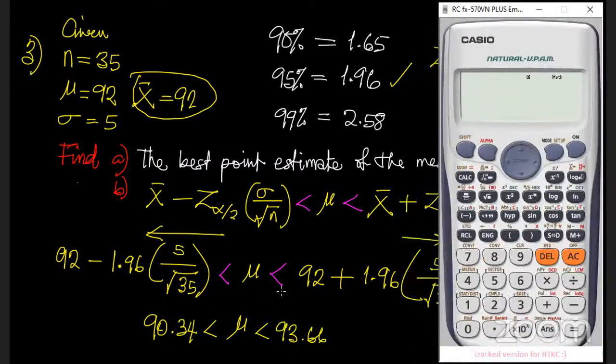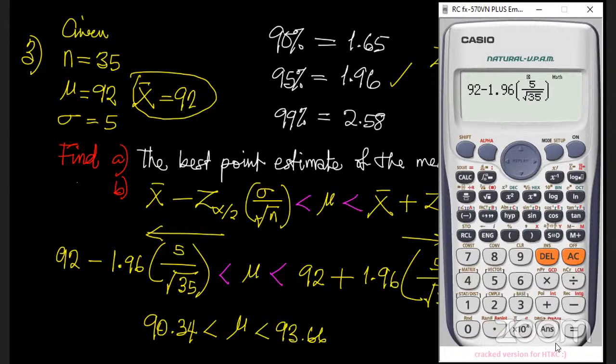Let's confirm that quickly. The left-hand side is 92 minus 1.96 in bracket, the square root of 5, all over the square root of 35.